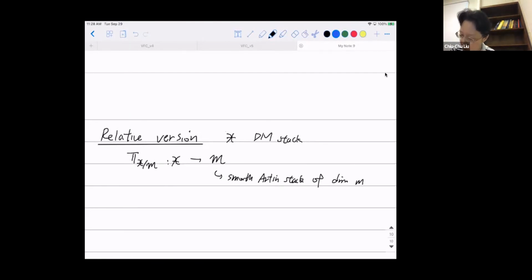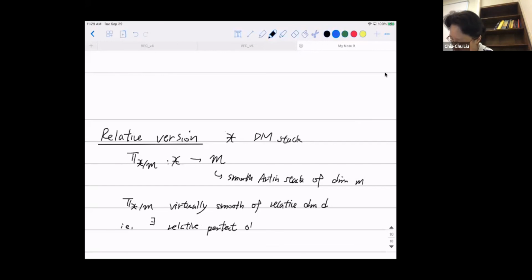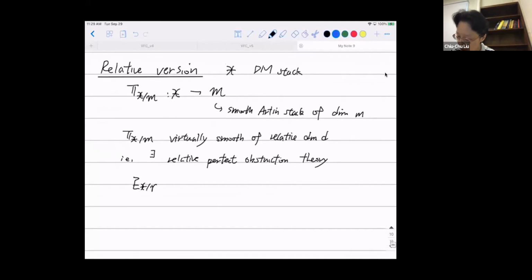And we assume that this projection is virtually smooth of relative dimension D, in the sense that there is a relative perfect obstruction theory E_X relative to this smooth Artin stack.